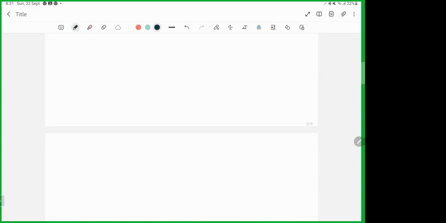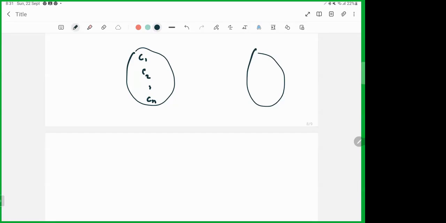So we have a set of columns c1, c2, up to cn, n columns, and here you have 1, 2 up to n. This is a bipartite graph. Now, what are the edges? What edges should I make? C1 goes to which thing?